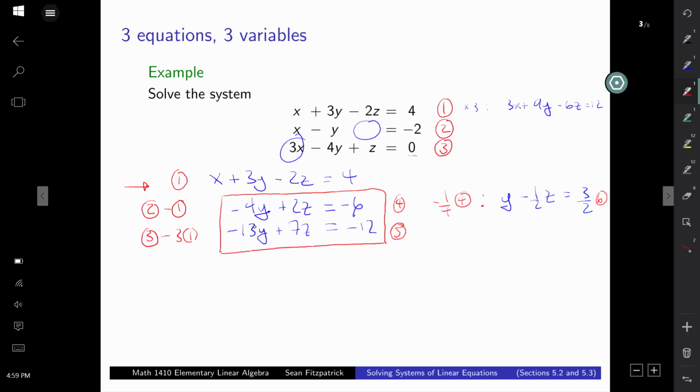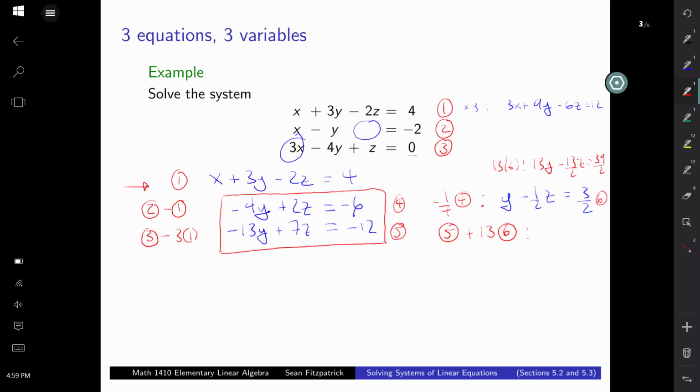And now I can take equation 5 and I'm going to add 13 times equation 6, right? Because 13 times equation 6, I'm going to get 13y minus 13 over 2 z is equal to 39 over 2.